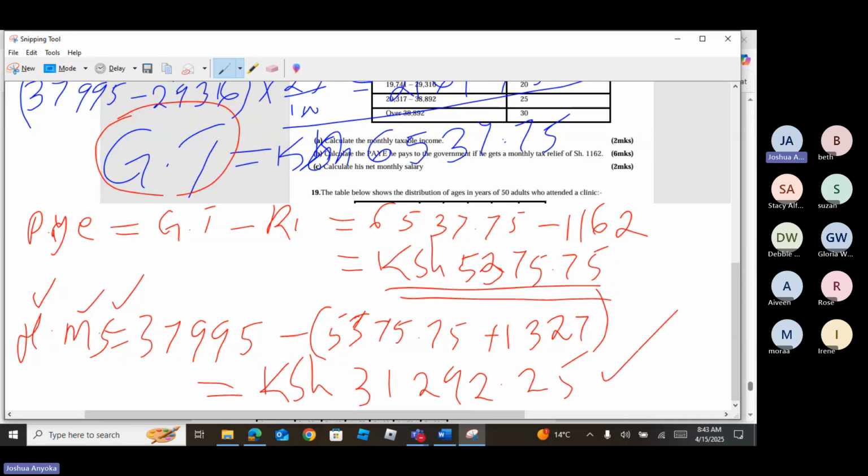That is our net monthly salary for this employee. So that is a typical question that we can encounter.